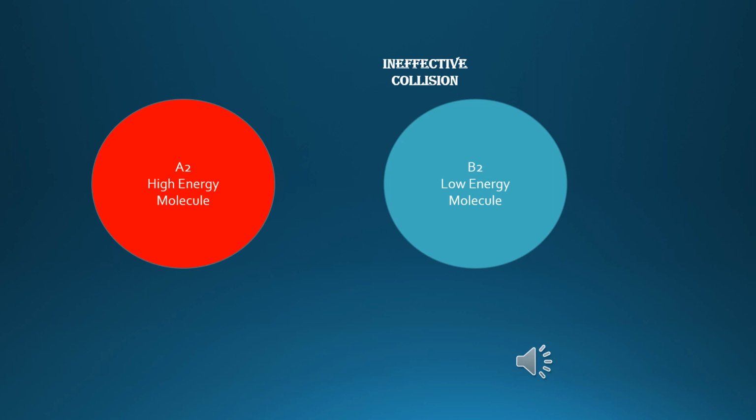Similarly, among B2 molecules. When a high energy A2 molecule collides with a low energy B2 molecule, the collision does not result in the required threshold energy for the reaction to occur, and therefore it turns out to be an ineffective collision.